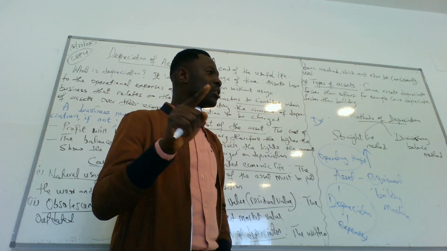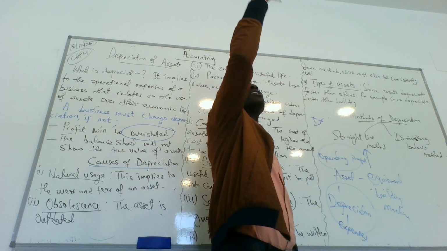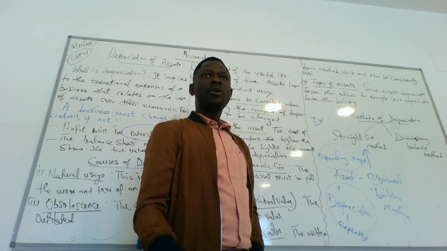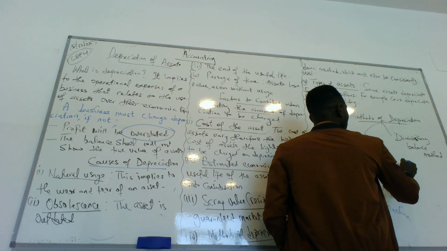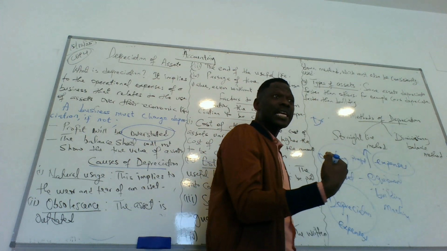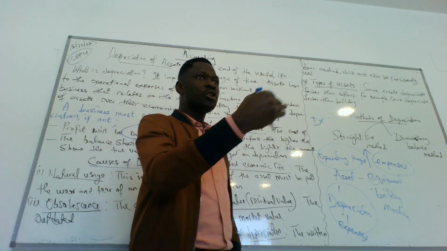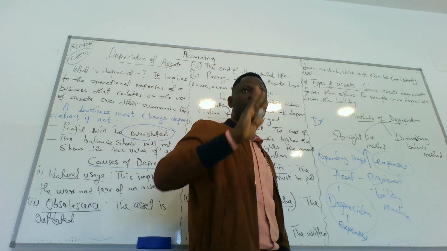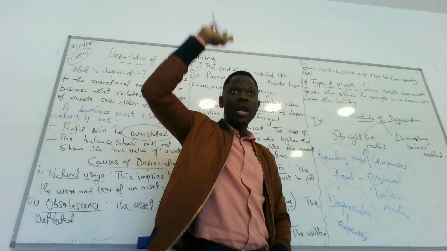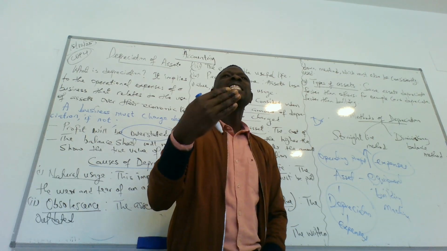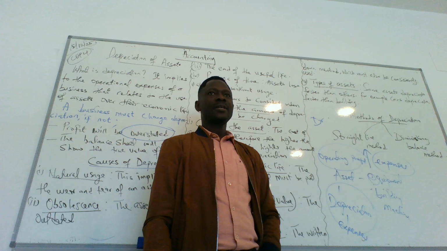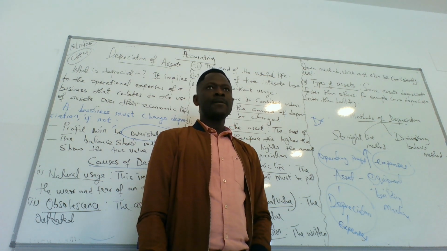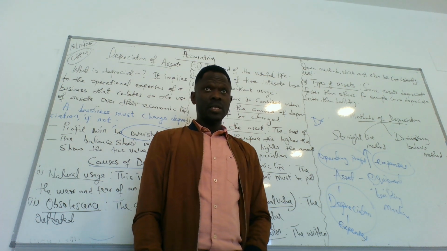So without depreciation, the profit of a business will be overstated, because you have left out certain expenses. Expenses should be taken away from your profit, yes or no? Now, just assume you did not take out the expenses. What happens to your profit? Your profit will increase. So you are overstating your profit because you ignored certain expenses. Does it make sense? You get it?